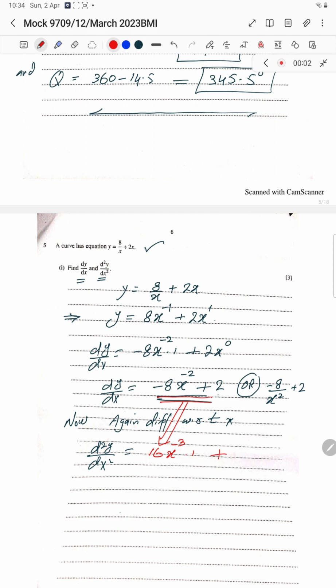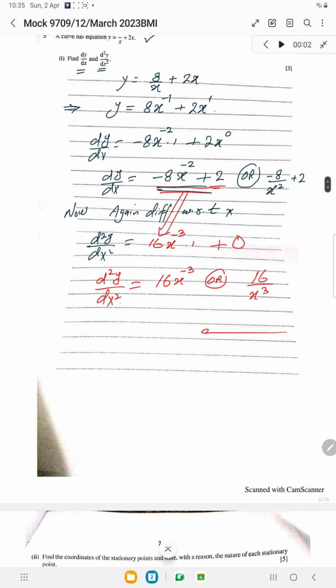And the differential of the constant 2 is 0. So you can finish your answer: d2y by dx square is 16x power minus 3, or 16 over x power 3. This is the final result. I hope it is clear.